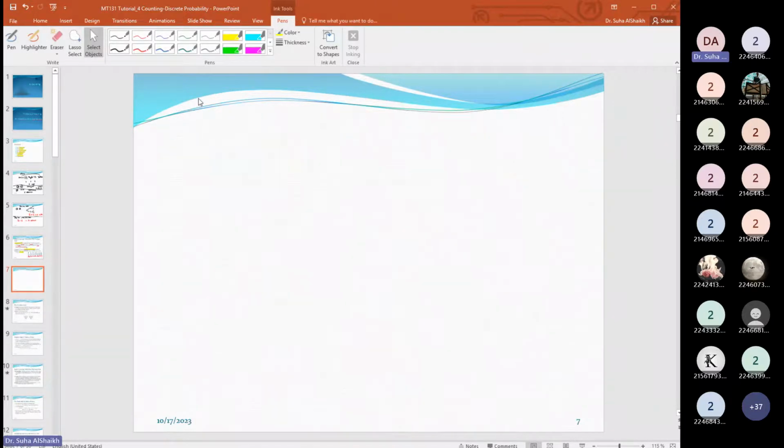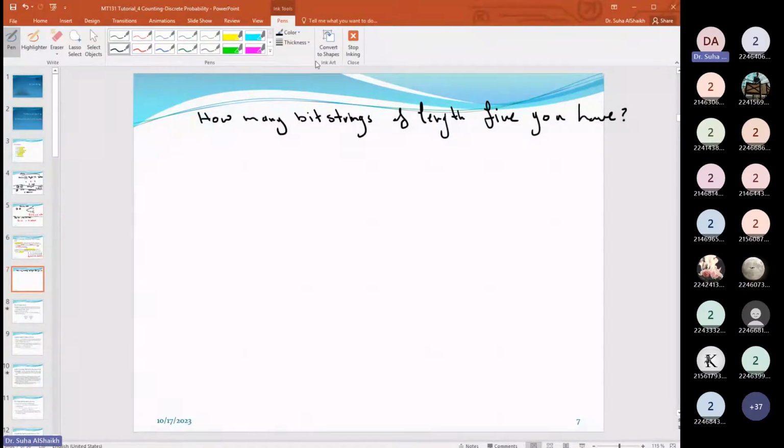If I ask you this question, how many bit strings of length 5 do you have? How many bit strings whose length will be 5 this time?